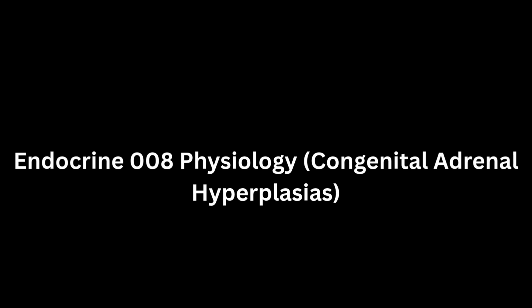That just means they're going to have ambiguous genitalia due to the overproduction of testosterone. And then lastly, if there's a 1 at the beginning and at the end, like 11-beta hydroxylase, you're going to see both an increase in mineralocorticoids, so an increase in blood pressure, as well as an increase in those sex hormones, so you're going to get virilization as well in the female.